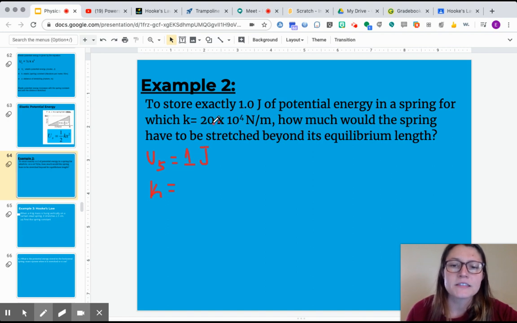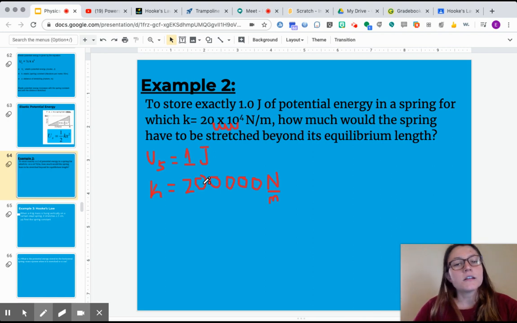So what that means is that we have 2 and 5 zeros newtons per meter.